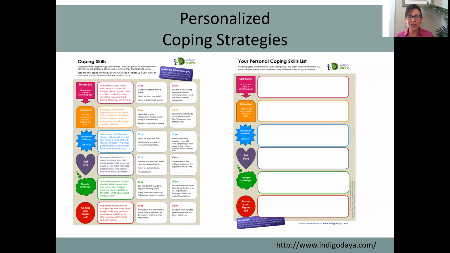And it gives you some suggestions, a list of what those might be, and then the pros and cons of each. And then there's this blank template where you can write out your own distraction strategies, your own grounding strategies, your own emotional strategies, the ones that you will do, the ones that work best for you.